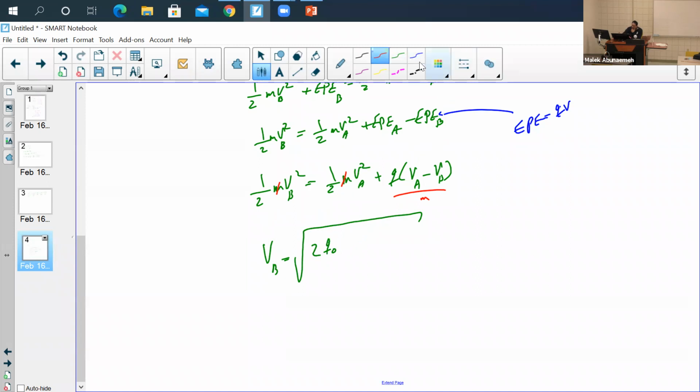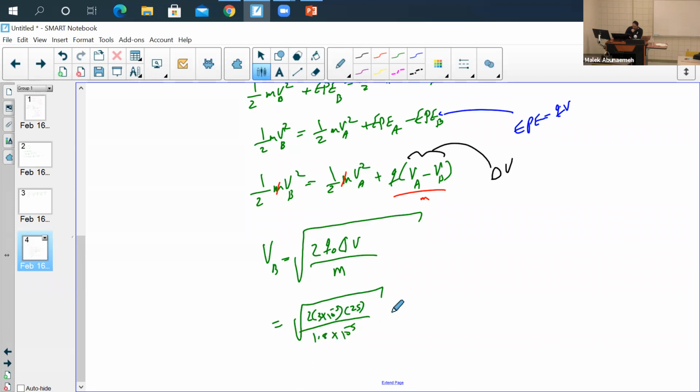Now actually, let me get the black. These two is going to be your potential difference. So it's 2q multiplied by your delta V divided by m. This is going to equal the square root of 2 times 3 times 10^-5 multiplied by 25, divided by your mass, which is 1.8 times 10^-5.